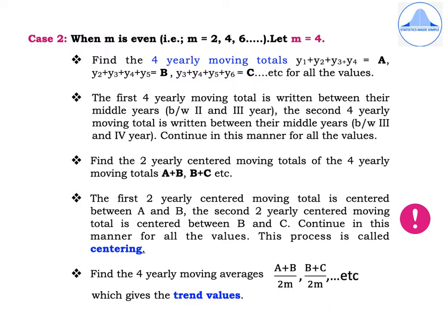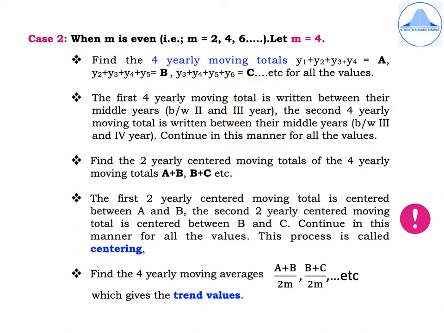The next step is find the 2 yearly centered moving totals of the 4 yearly moving totals, that is A plus B, B plus C, and so on. The first 2 yearly centered moving total is centered between A and B, and the second 2 yearly centered moving total is centered between B and C, and continue in this manner for all the values.